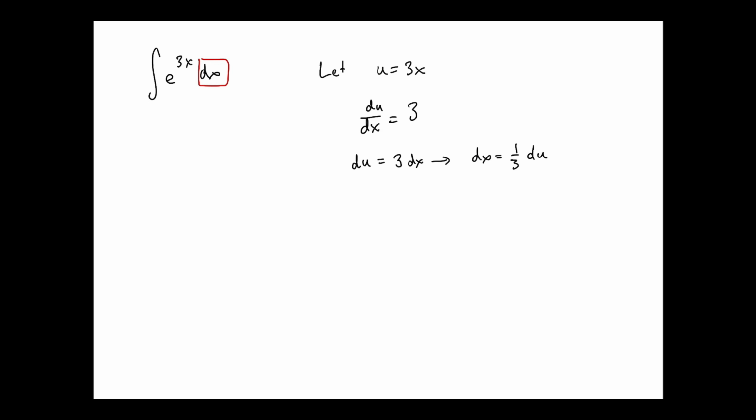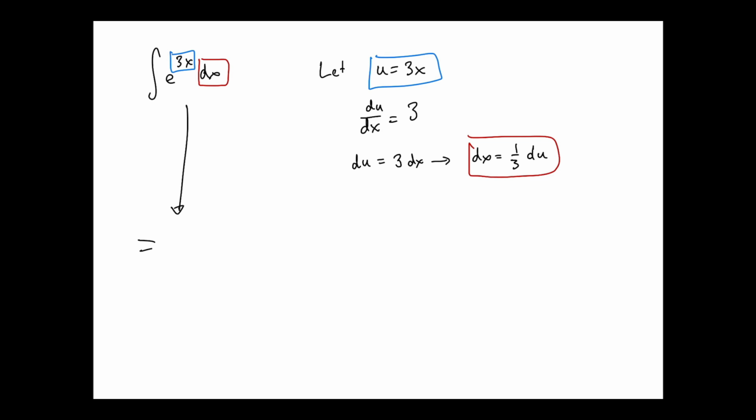Okay. Now at this point, what I'm going to do is say, well, I called 3x by the name u. Great. And after we defined that, we saw that dx was 1/3 du.